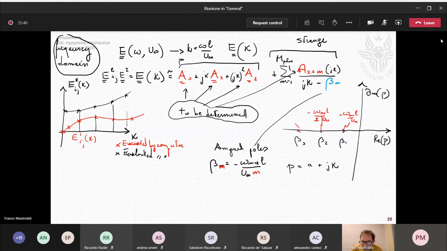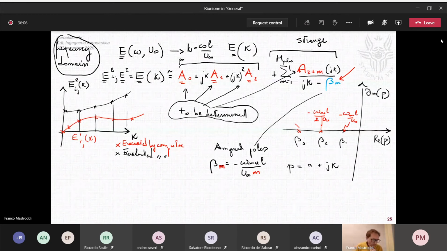So you are currently assigning poles for your aerodynamics by assigning this beta m, and these poles are real and negative, and the rest of this expression is composed of matrix coefficients like a0, a1, a2, and am plus m.